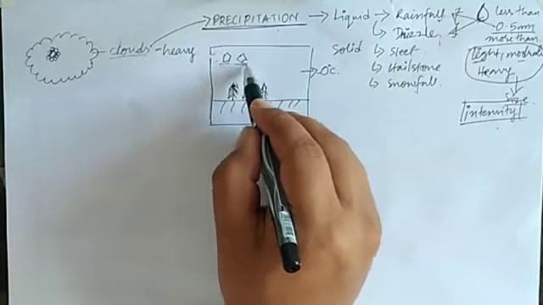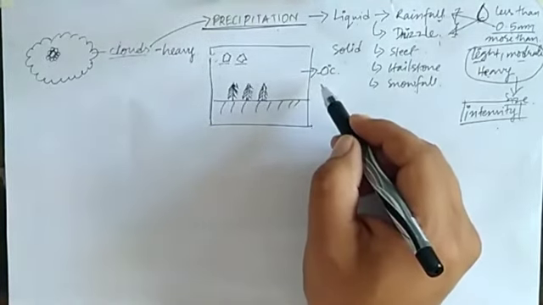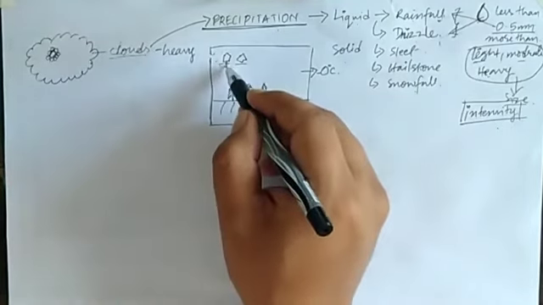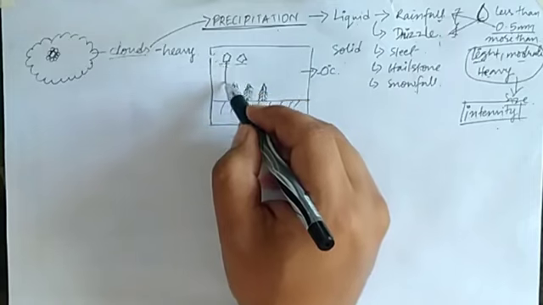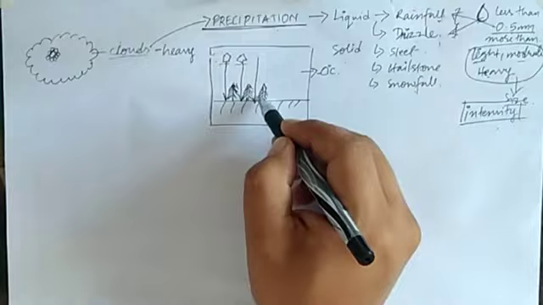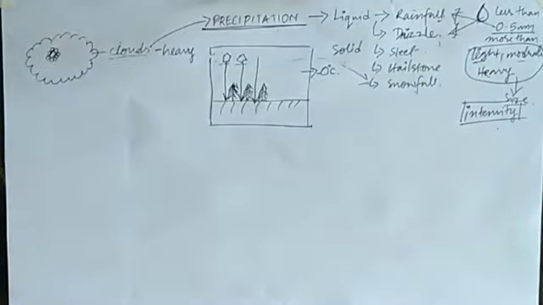Those kinds of solid objects form due to the temperature being below 0 degrees Celsius, the freezing point. Now those six-sided crystals, when they fall on the earth's surface, we term it as snowfall.